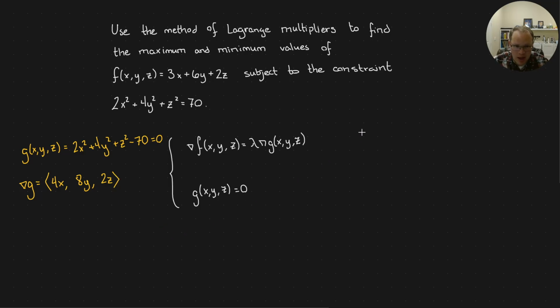Then we also have our objective function, the function we actually want to find the maximum or minimum of, subject to the constraint: 3x plus 6y plus 2z. I want the gradient of f for my formula. Partial derivative with respect to x is just 3, with respect to y is just 6, and with respect to z is just 2.